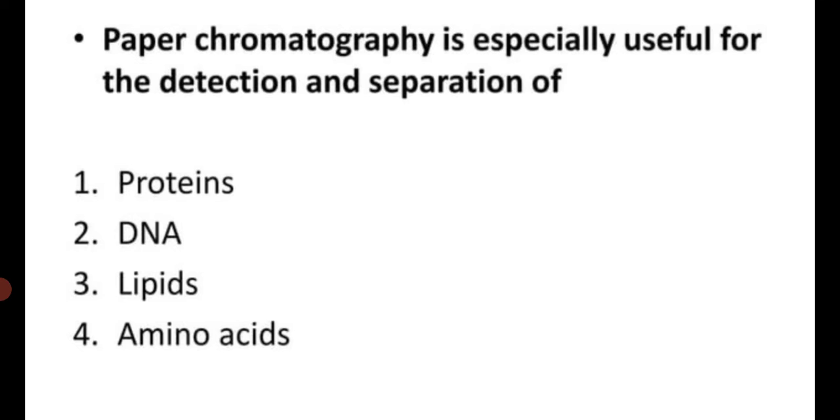Other types of chromatography are there, that is column chromatography, and this column chromatography is one of the most common methods for protein purification. Ion exchange chromatography is most commonly used for protein separation, and in it a positively charged matrix is called an anion exchanger because it binds negatively charged ions or molecules in a solution.